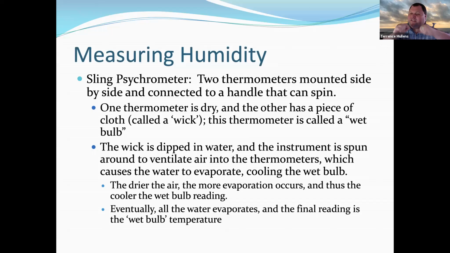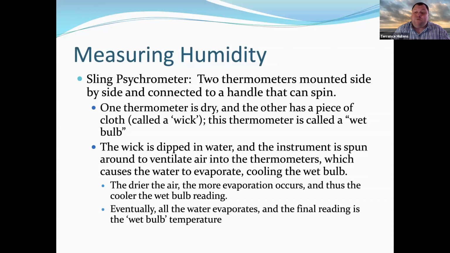Attached to these 2 thermometers is a pivot that you can then use to swing it around, just kind of like what you would do for a little party noisemaker, gosh, what are those things called? You just swing it around and swing it around. Now, as it's swinging around, air is flowing through that wick.